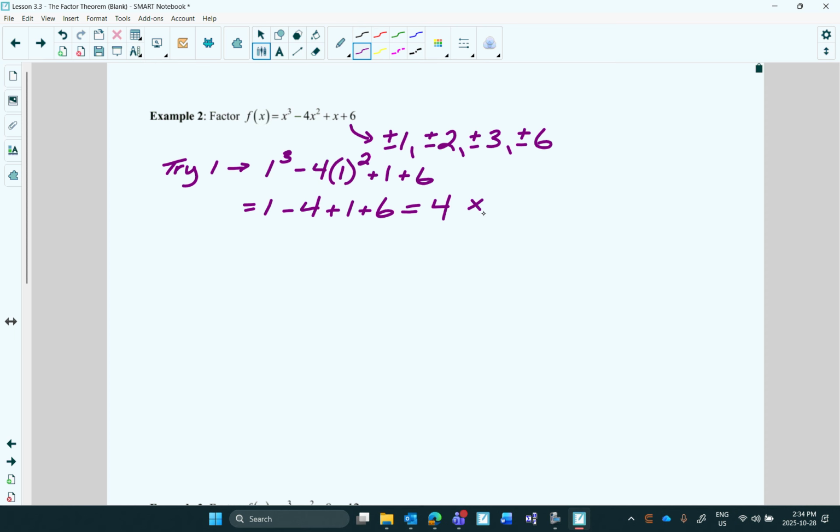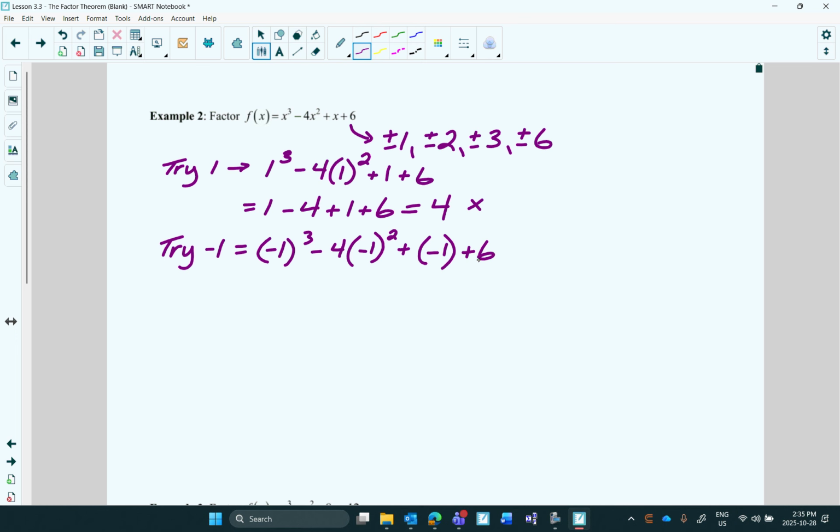So we could try -1. We could try 2. I'm going to try -1. So now it's going to be -1 cubed minus 4 times -1 squared plus -1 plus 6.